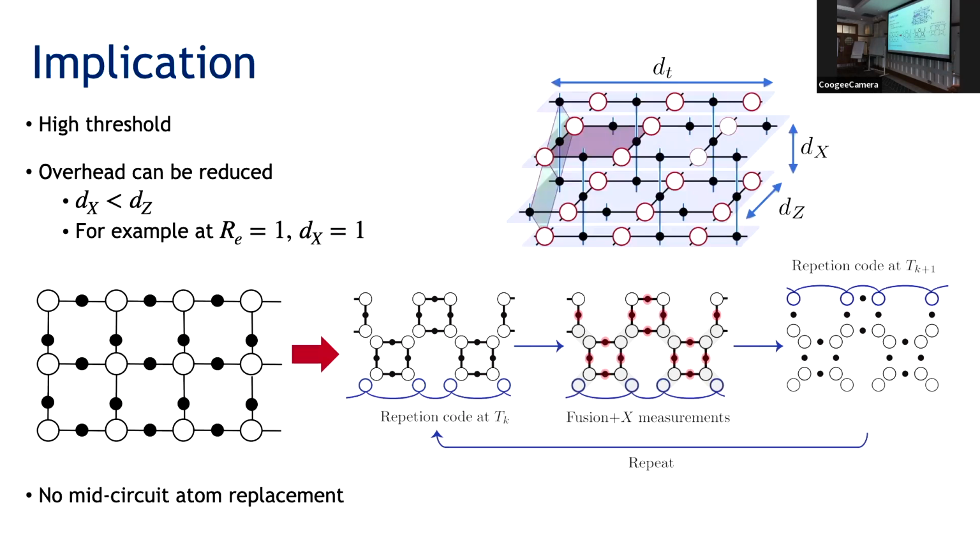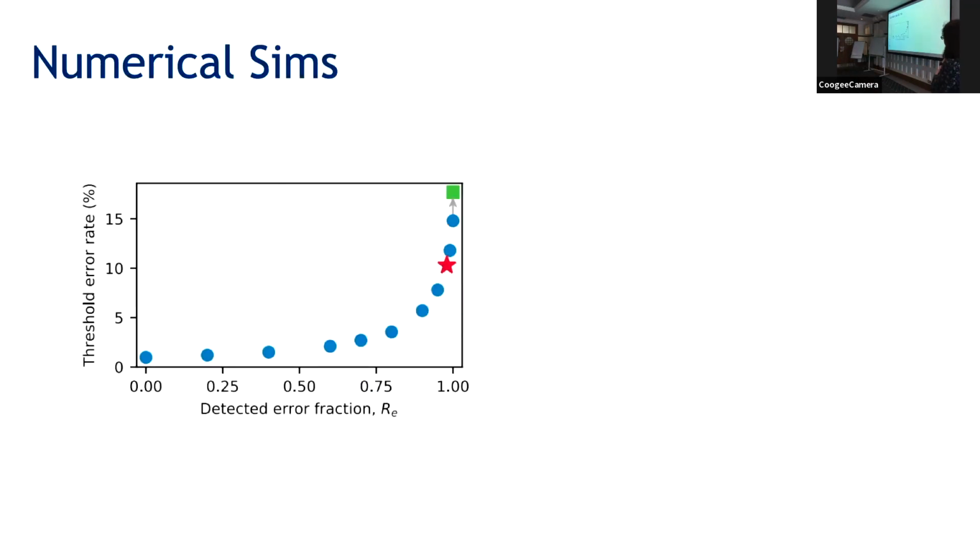The other nice thing about this compared to the circuit-based approach is that you don't need mid-circuit atom replacement. In the circuit-based approach, if you saw an atom was missing, you have to bring a fresh atom there before you do anything else. Here, it doesn't matter. Nowhere in my protocol did I tell you that if you see an erasure, put a fresh atom in. That was not required.